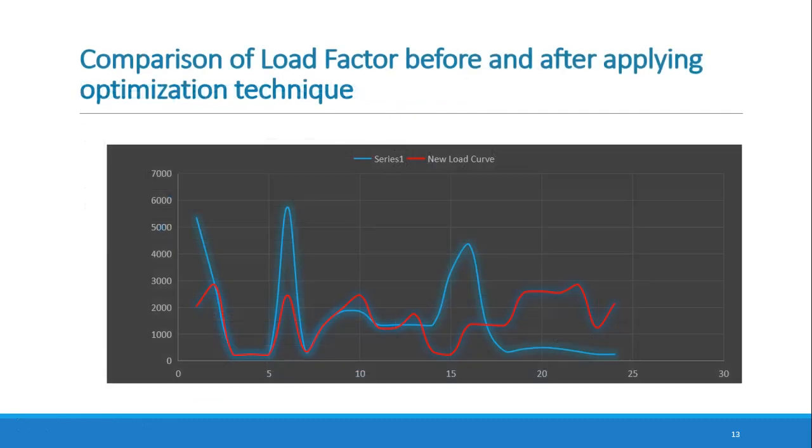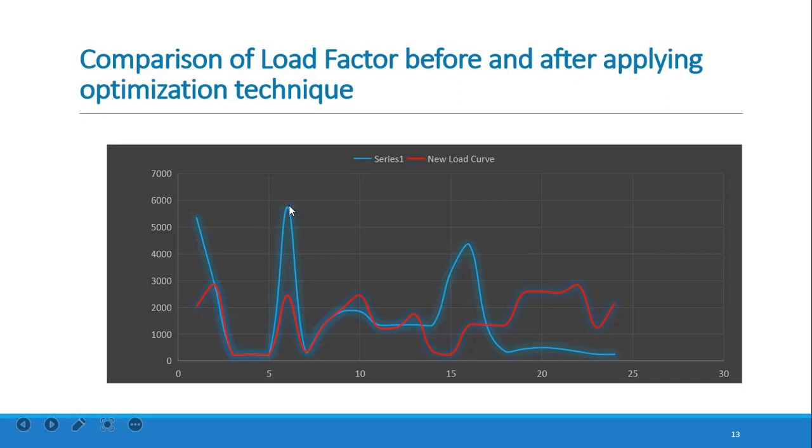So this is the comparison of the older one that a consumer was using, and this one, the red one, shows the graph which we have produced after applying our technique and scheduling loads in a different time frame. As you can see, the highest value goes to around 5,750, but in this one it goes to 2,850. So the variation in the new one is very low, but in the first one the variation was very high.